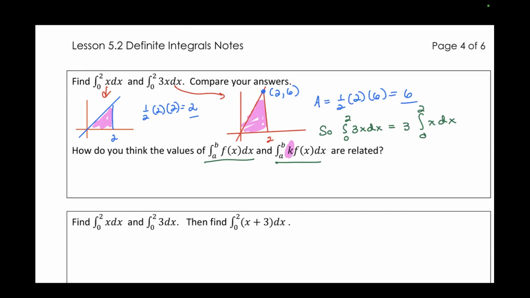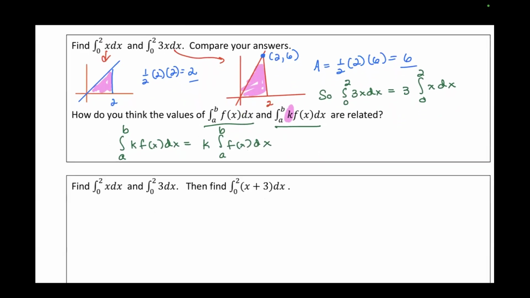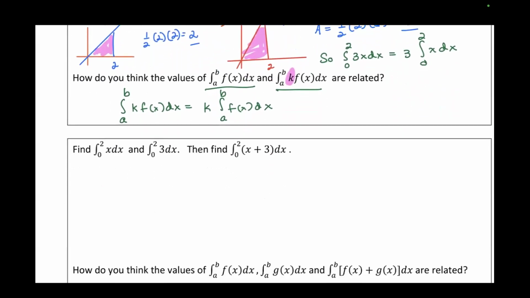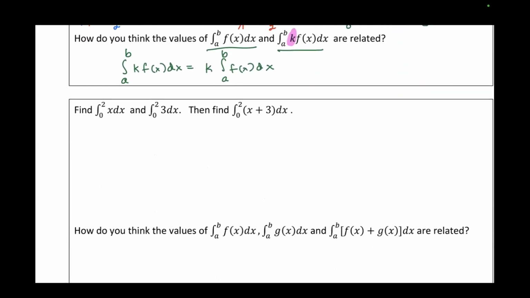So what I'm saying is that the integral from a to b of a constant times f of x dx is going to be equal to that constant times the definite integral of the function f of x from a to b. That's one of our properties of definite integrals.